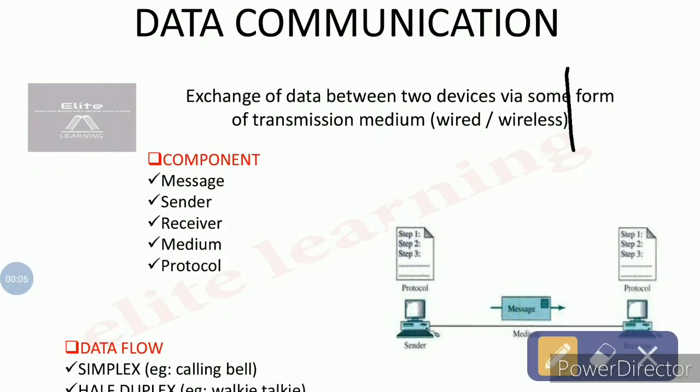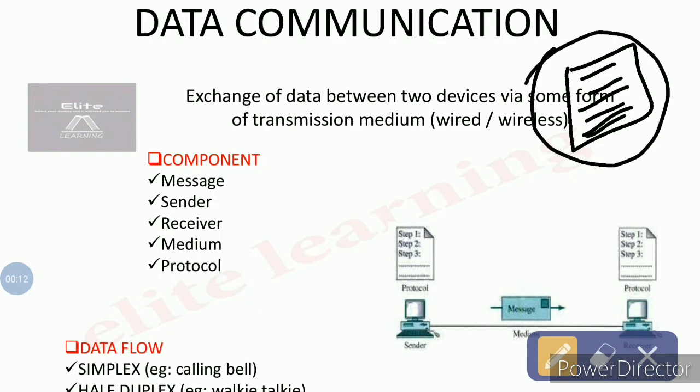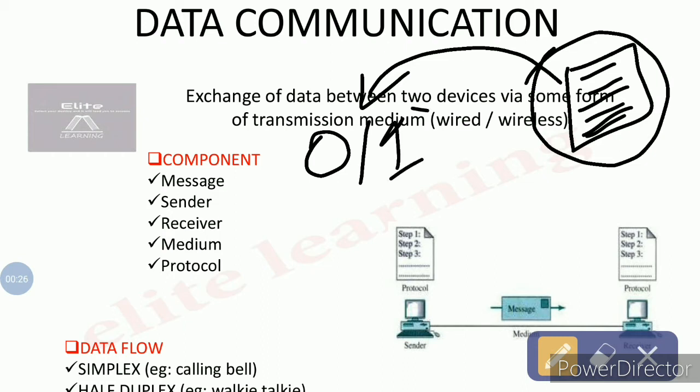This is because a document can be viewed on different platforms, right? It can be viewed in Acrobat Reader or in the Microsoft Office package. But at the back end it is represented in 0 and 1 form.